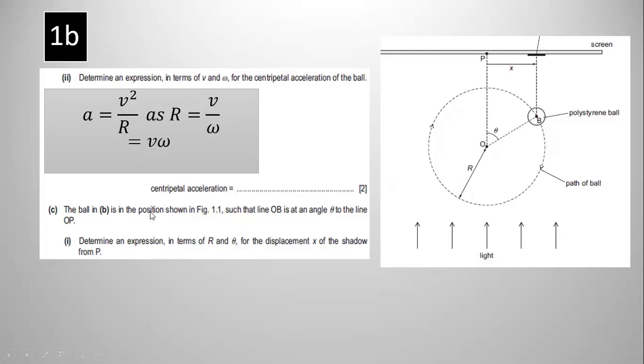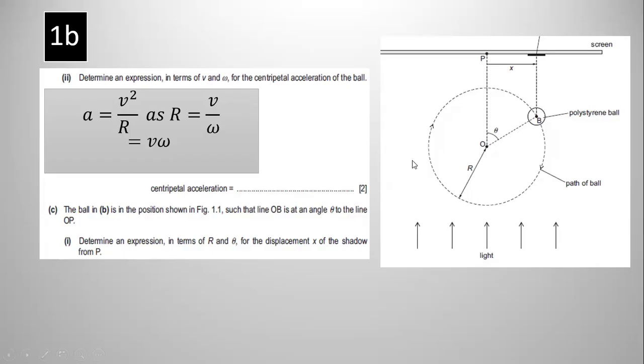The ball in B is in position shown in figure 1.1 such that the line OB is at an angle of theta to the line OP. Determine the expression in terms of R and theta for the displacement x of the shadow.